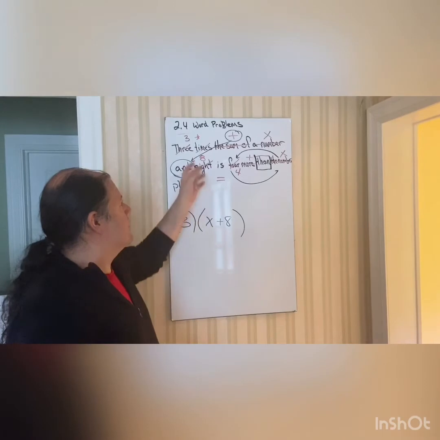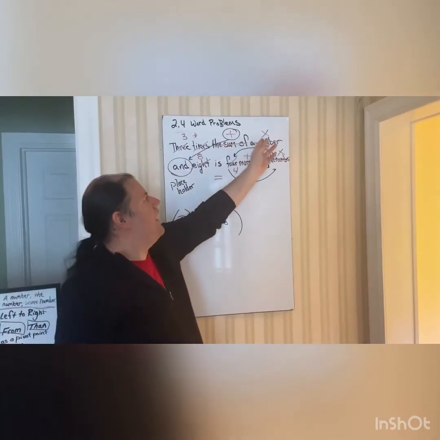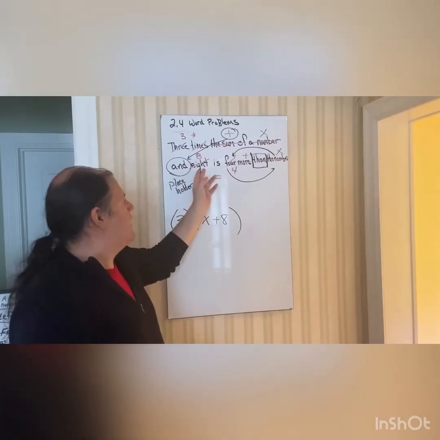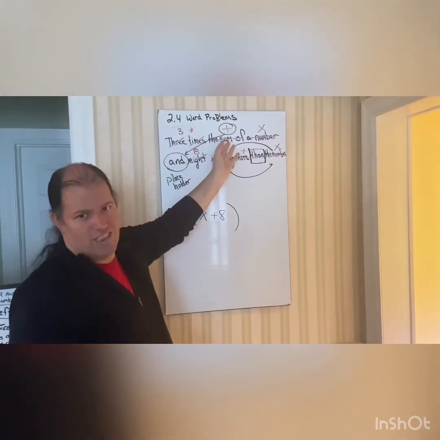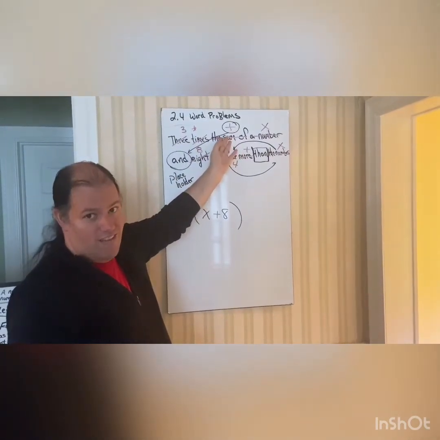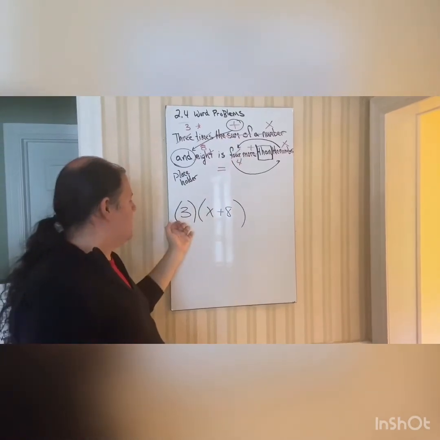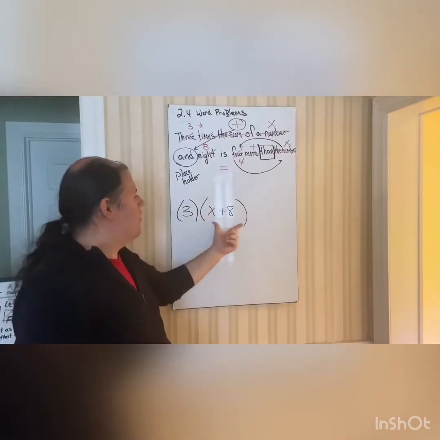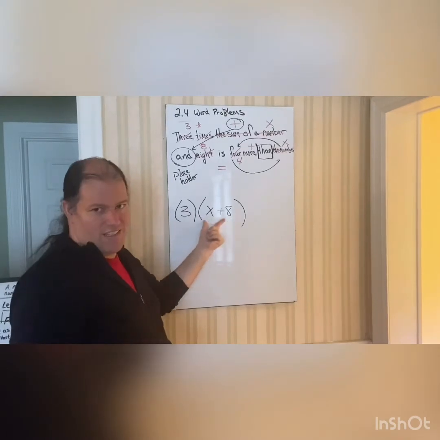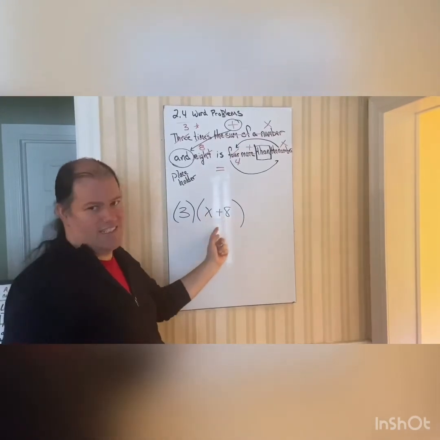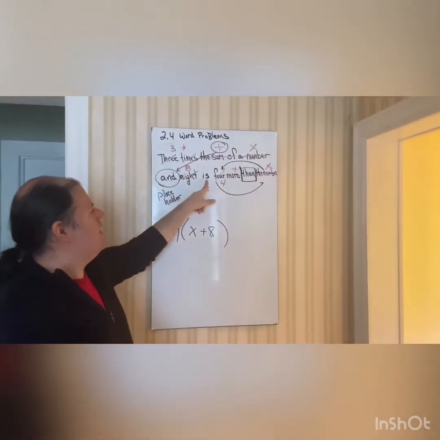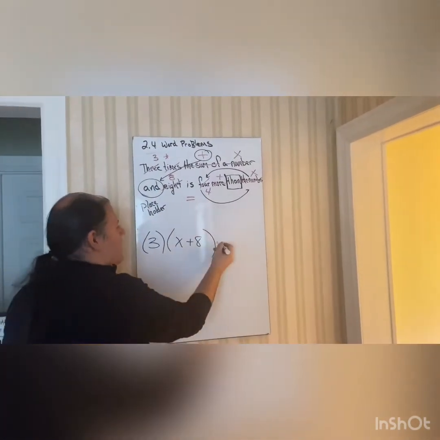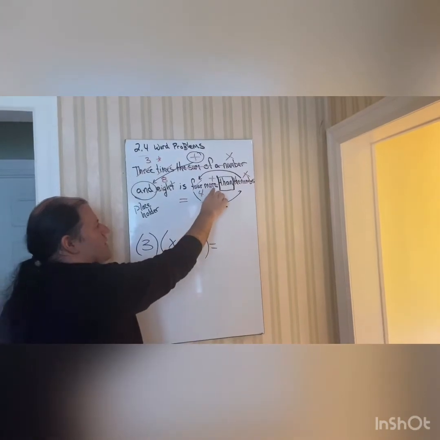Now the question is, why is it x and 8? Because I want to do 3 times the multiplication, or I'm sorry, 3 times the sum. So I want to do 3 times the sum. The sum is this plus this together. Okay? Is, and remember the danger word.